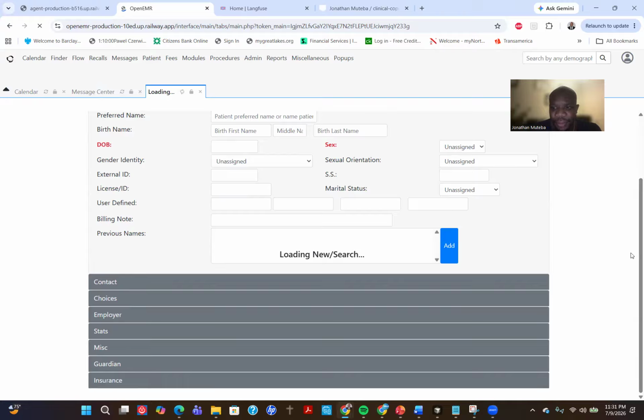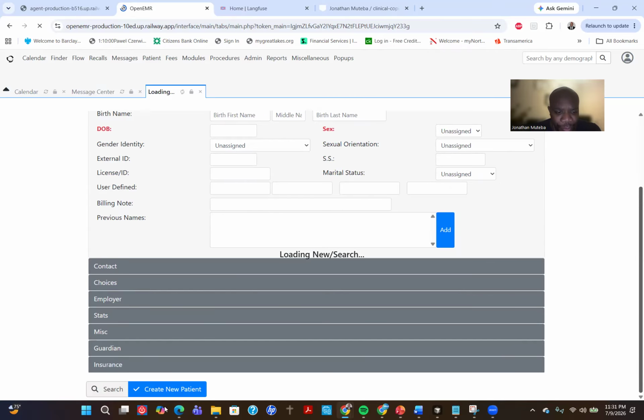This is almost done loading up. Okay, cool.